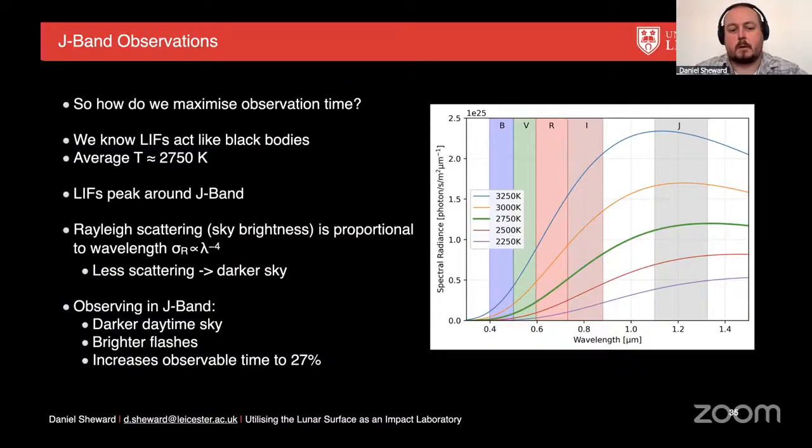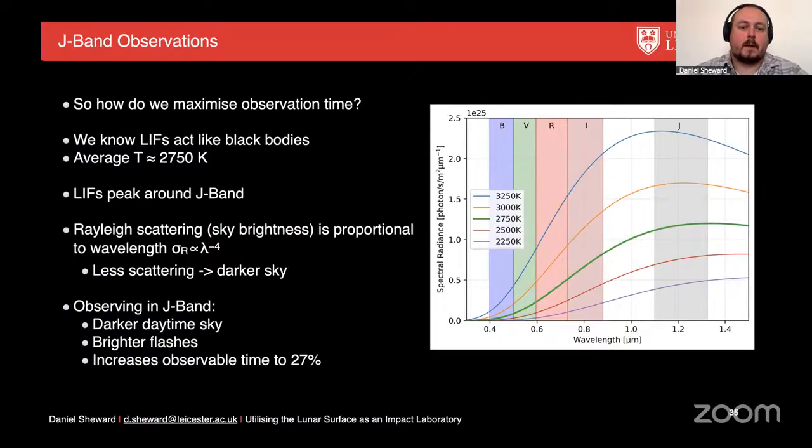So if you move to a longer wavelength, that means we have a darker sky. And if we have a darker sky and brighter flashes, then we actually increase the observable time to around 20% of a given month, which is a lot better, but it's still not good enough.